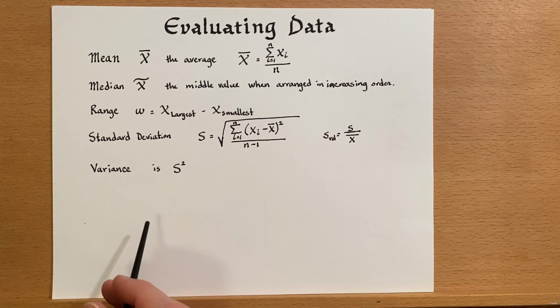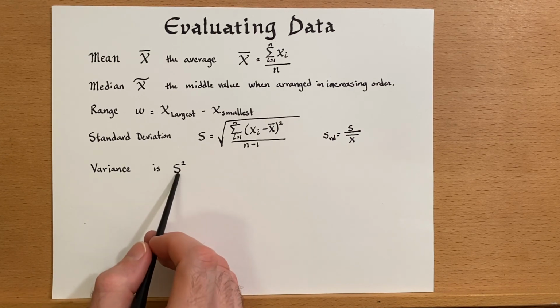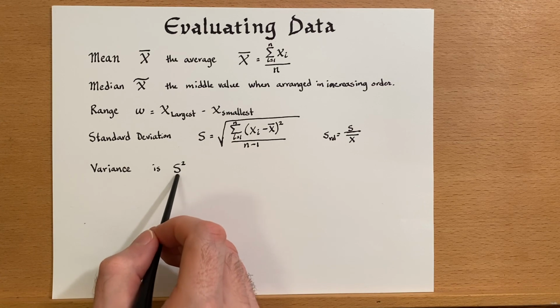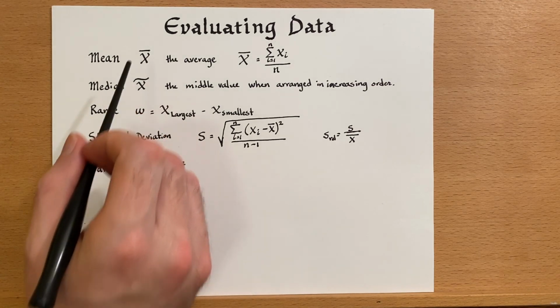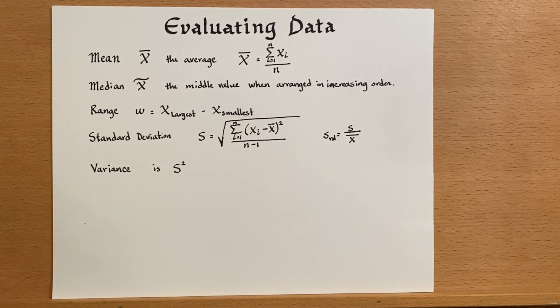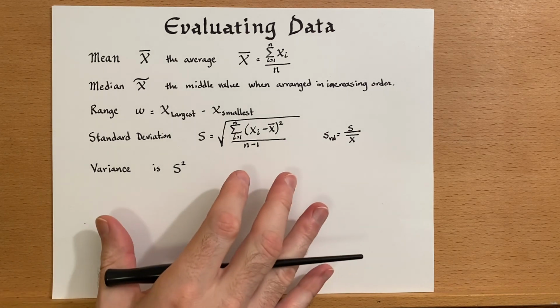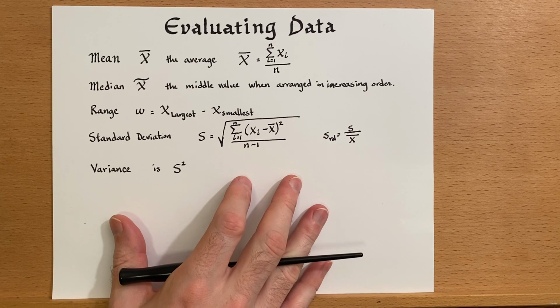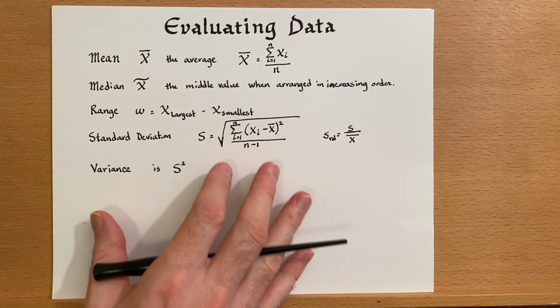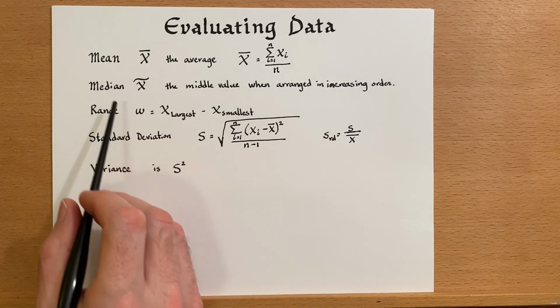So that is the advantage there. The disadvantage is that it is not in the same units as our average values are. So those are just some of the ways that we evaluate data. There are more, but this is something that will get us started.